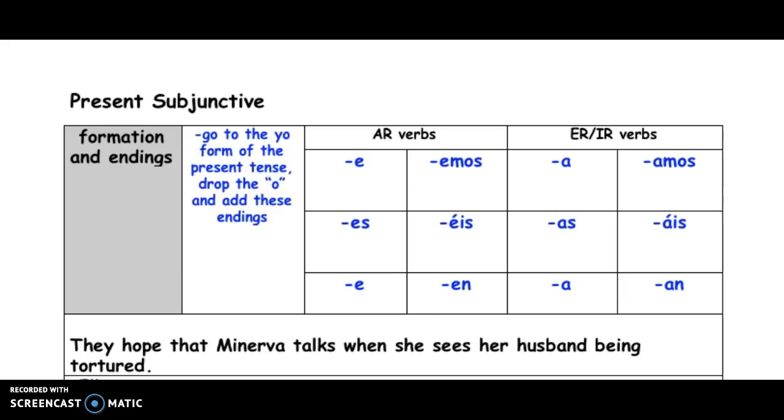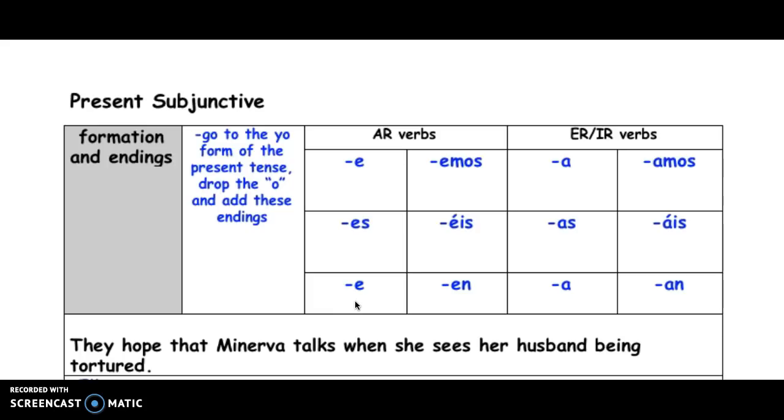Little confusing because the yo form ending and the él, ella, usted ending are the same, kind of similar to the imperfect, like yo hablaba, I used to speak, ella hablaba, she used to speak.